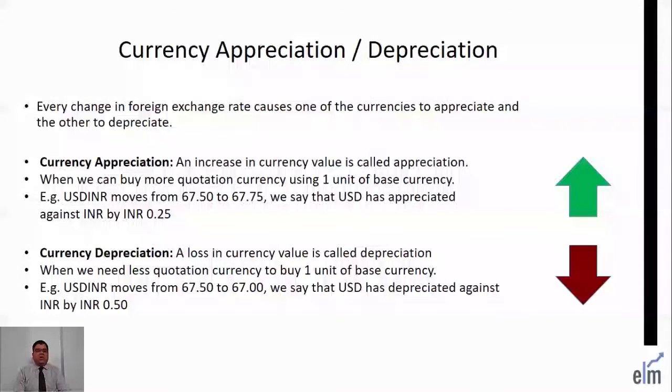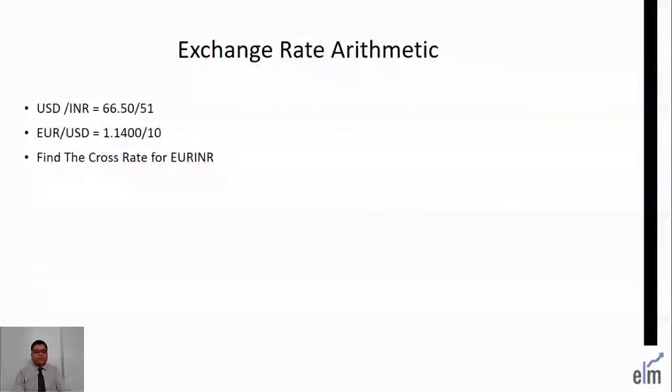But now every trader has to pay at least 25 paisa more to buy the same quantity of the base currency, which is USD. So the value of the INR has gone down in comparison to the base currency, which is US dollars, and that is why we say that the INR has depreciated.